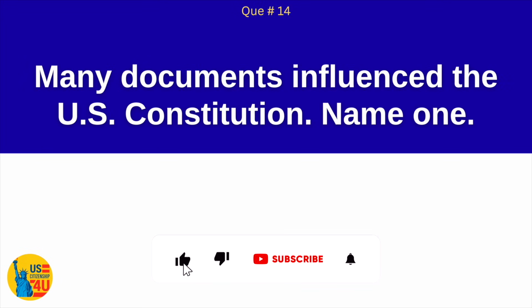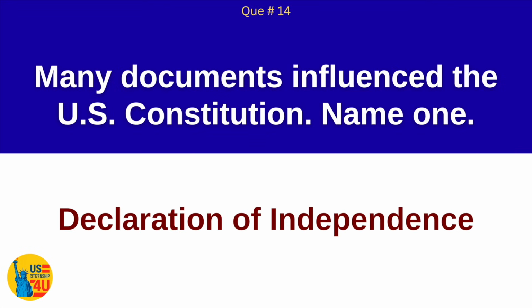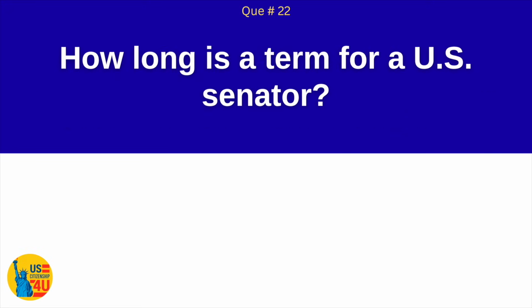Many documents influenced the U.S. Constitution. Name one. Declaration of Independence. How long is a term for a U.S. Senator? Six years.